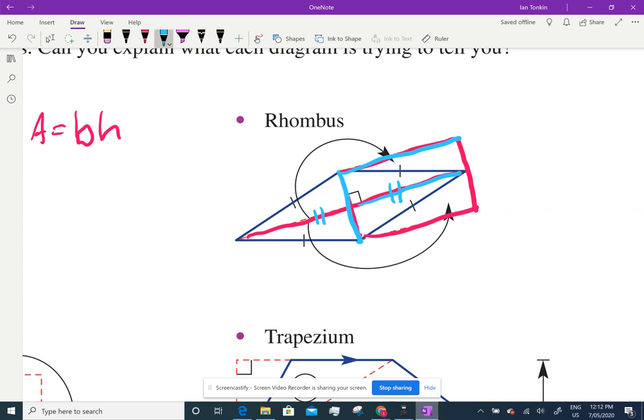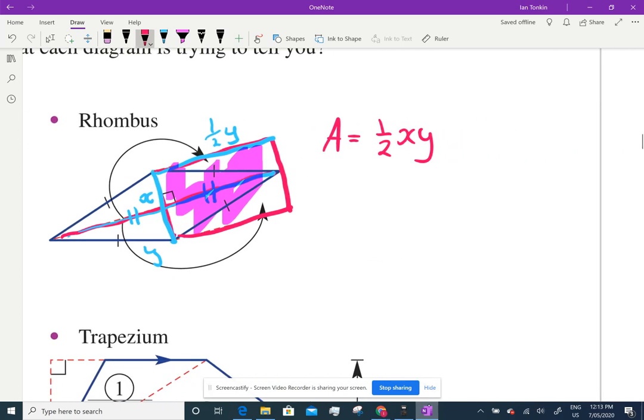So let's call this diagonal X, the smaller one, and the longer diagonal Y, so this one all the way along here, we'll call it Y. Well, that's a half Y, and the area of this rectangle, which is the same as the area of the rhombus, is a half X Y, where X and Y are the diagonals.